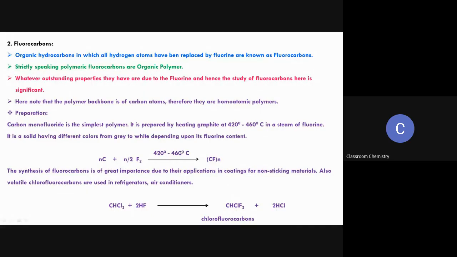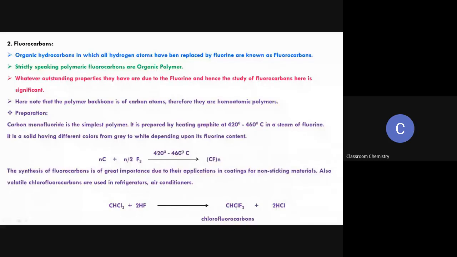But due to the significant property of fluorine, it comes under the heading of homoatomic polymer, because without carbon, the fluorine has the significant role of maintaining the properties and structure of this polymer.